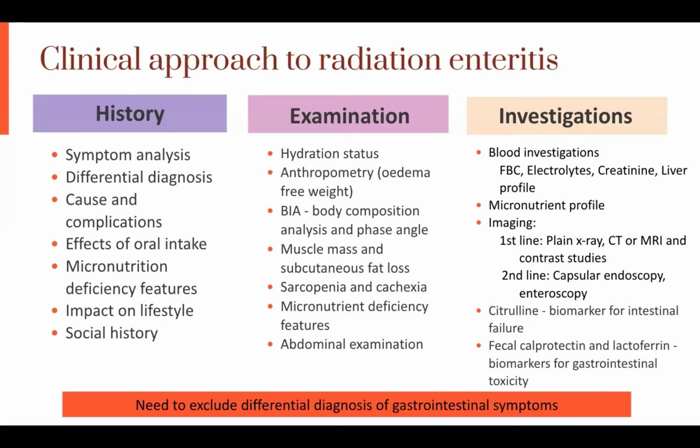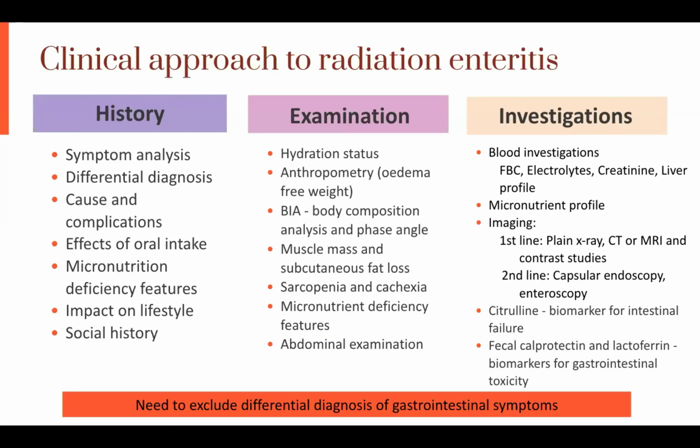So, looking into the investigations, there will not be a single thing that will tell you this is radiation enteritis. It's the history and examination together. You have to come to the diagnosis, but it's not a diagnosis of exclusion. You have to consider it as a diagnosis, but in the meantime, we have to look for the other differential diagnoses and exclude them.